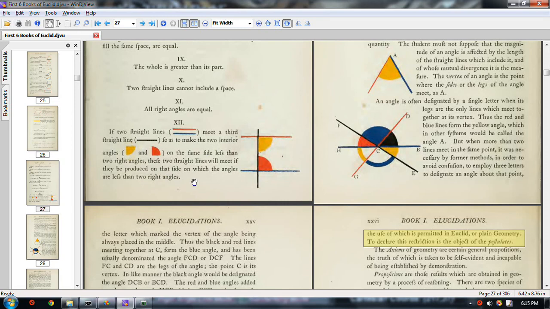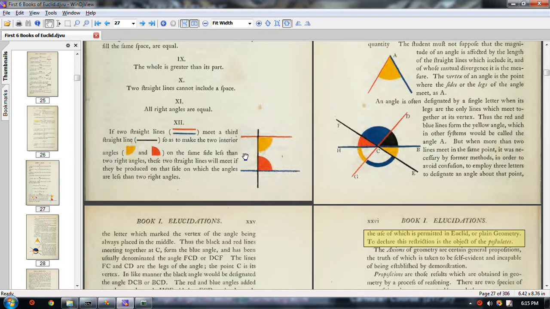Now, it may follow that because of the way this is worded, it says that if two lines, of course it's two lines, not one line, fall on a straight line and the sum of the interior angles is less than two right angles that they meet on the side where it's less, it may follow from that the sum of the interior angles on the other side of the straight line must be greater than two right angles.